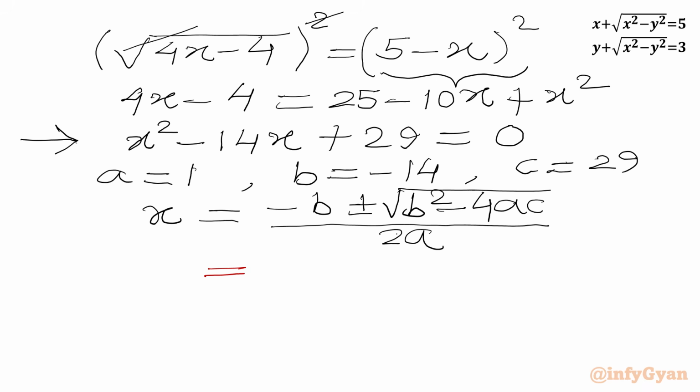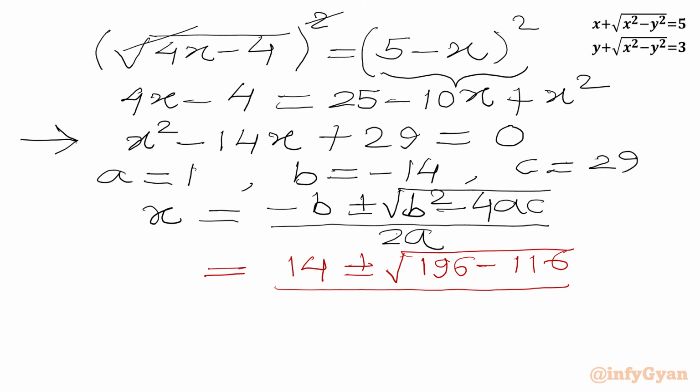We will get minus of minus 14, plus 14, plus minus square root of minus 14 square, it is 196, minus 4 times 1 times 29, which is 116, over 2 times 1, which is 2.